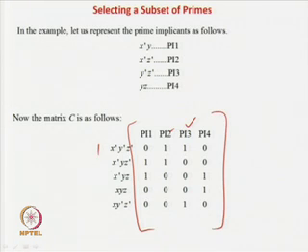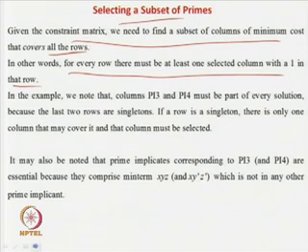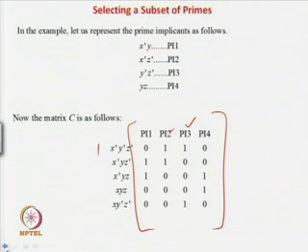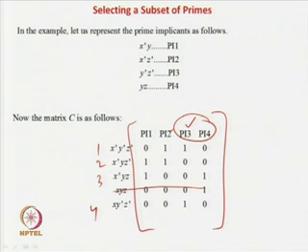Let us first see what they are saying. Note that certain columns may be part of every solution. Why? Look at these two rows, which are very important. To cover this row, row 4, you have to be careful that there is only one column where there is a 1.